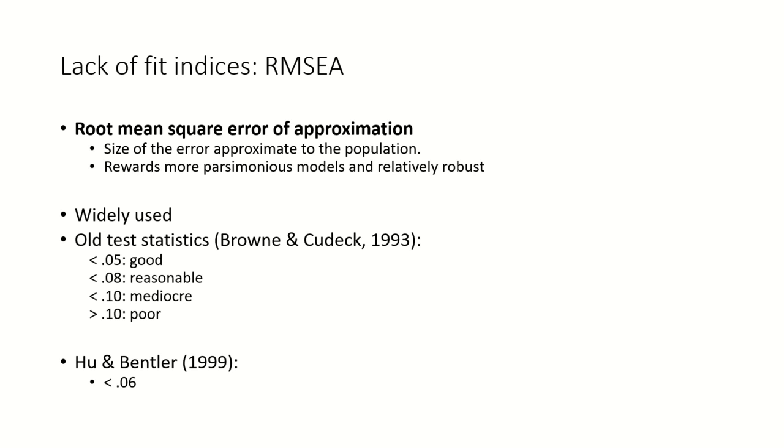They argued that anything smaller than 0.06 would indicate a good model, and anything above 0.06 would indicate a poorly fitting model. Another interesting feature of the RMSEA is that you can test for significance and you have confidence intervals. Once we get to playing around with our data, we might look into some of the advantages of having confidence intervals. So these are essentially lack of fit indices. A smaller number means better fit.